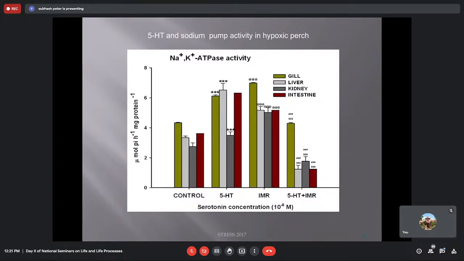So with serotonin, compared to the immersion stress, the fish is immersed in the water because we used an air-breathing fish, so it gets stressed when you are not giving air. You can see here the rate of transport of sodium and potassium. And we find that when it is given serotonin, the immersion one is lower compared to these two. So this is a kind of recovery response.